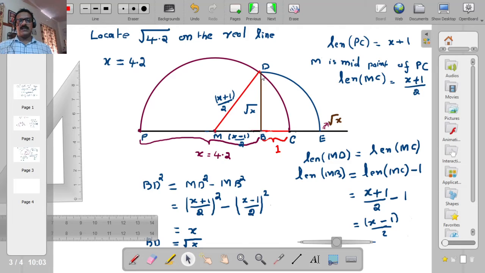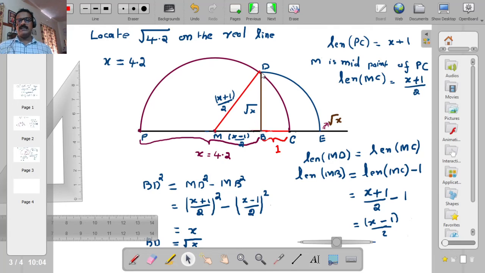Call that point D. Now we will be drawing a line segment from point D to point M. Now see, MBD is a right angled triangle.